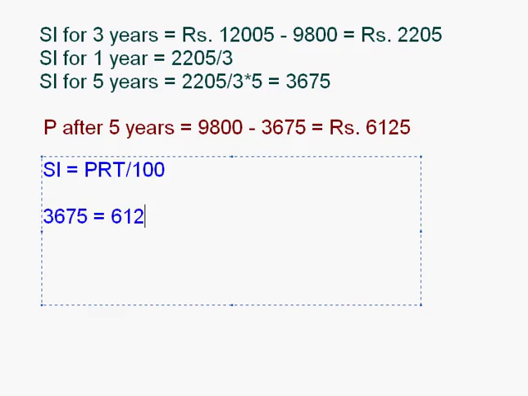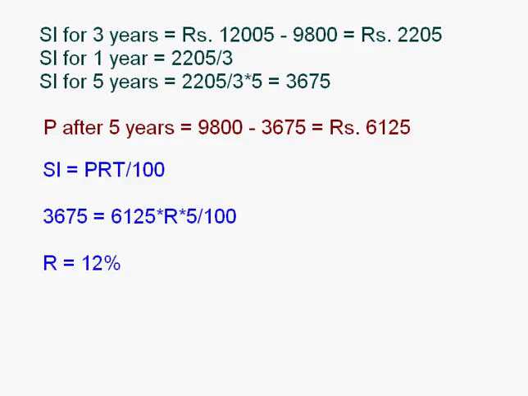Principal is 6125, right? What about the rate of interest that is to be calculated? So R will be here as it is. What is T? Time period will be 5 because we are calculating it for 5 years, upon 100. Okay, so if you solve it, you will get R as 12%.